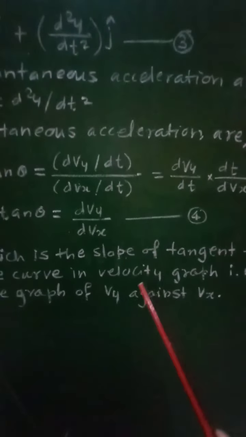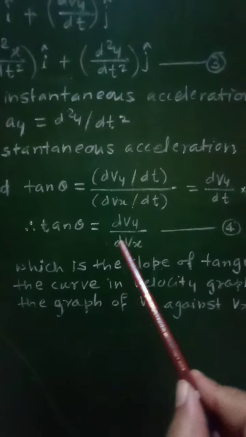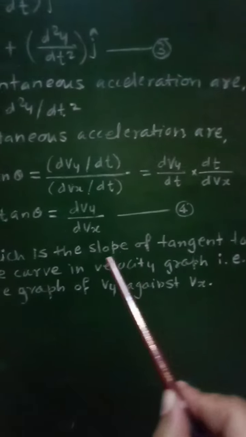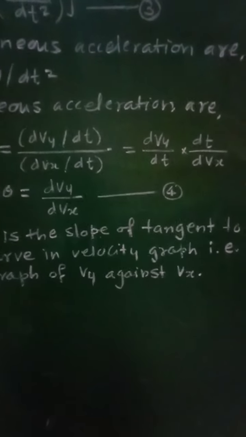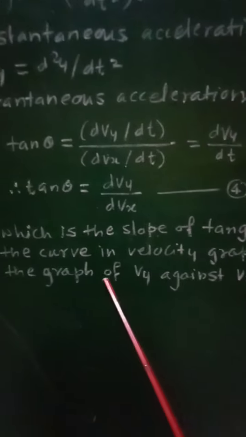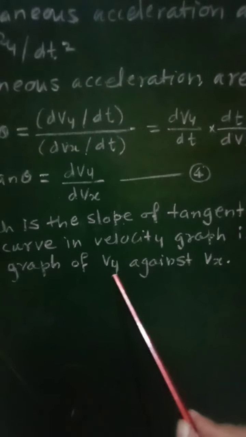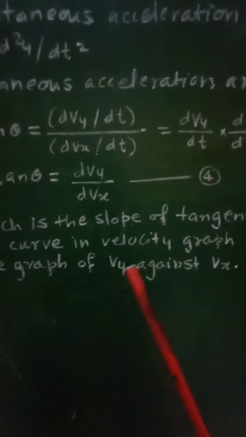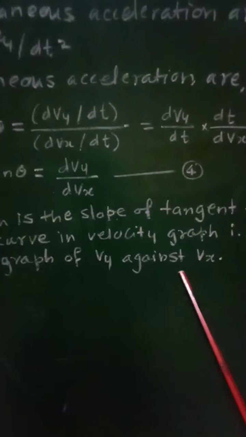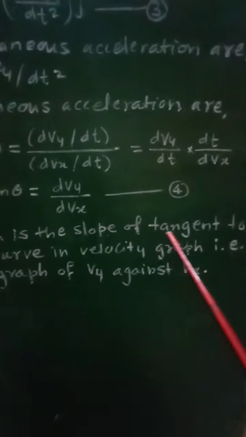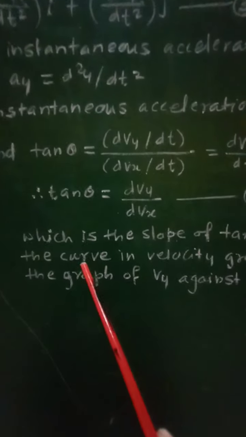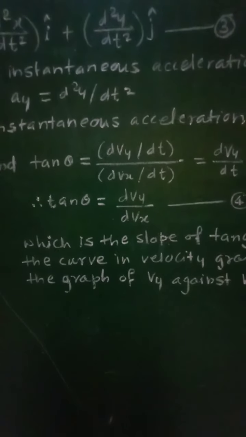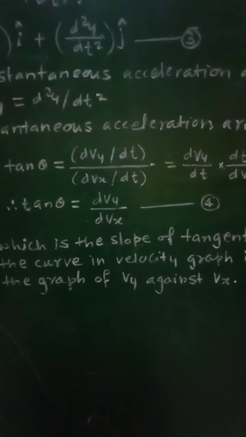If we plot the velocity graph, then this tan theta equal to dvy by dvx will represent the slope of the tangent to that curve of the velocity graph, that is the graph of vy against vx. If we plot the graph of vy against vx, then the slope of the tangent to that curve in the velocity graph will represent the direction of instantaneous acceleration.